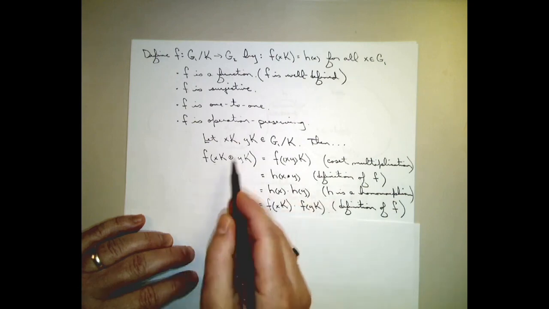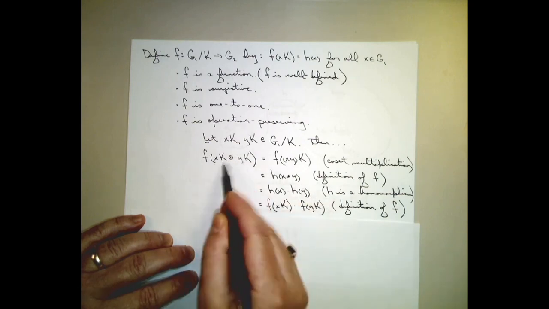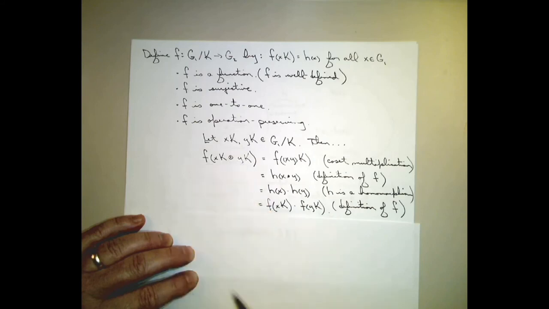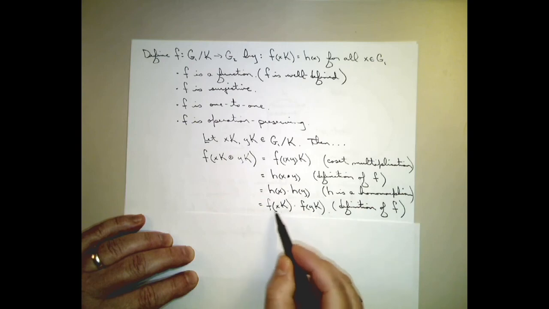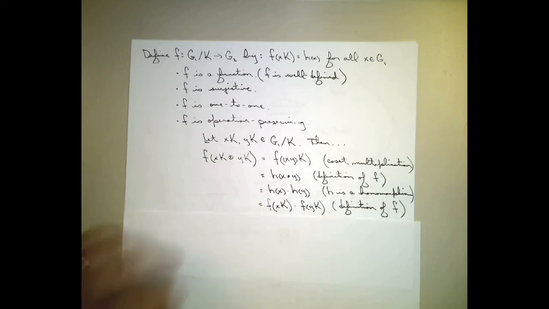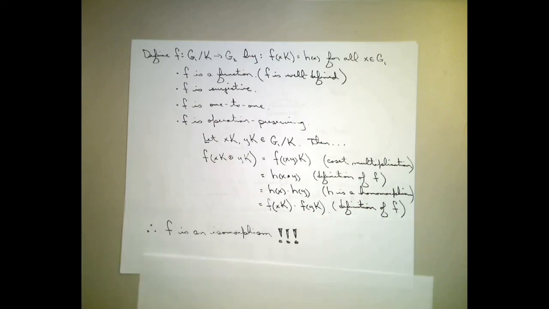We have that if we multiply first in our quotient group and then apply F, we get the same thing as if we had applied F individually and then multiplied in G2. So F is operation preserving, and therefore we have finished the proof that F is an isomorphism. We did it.